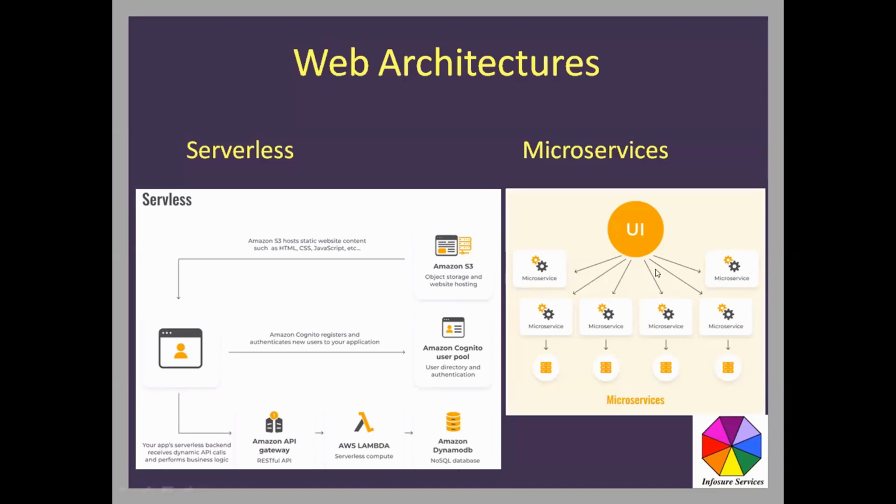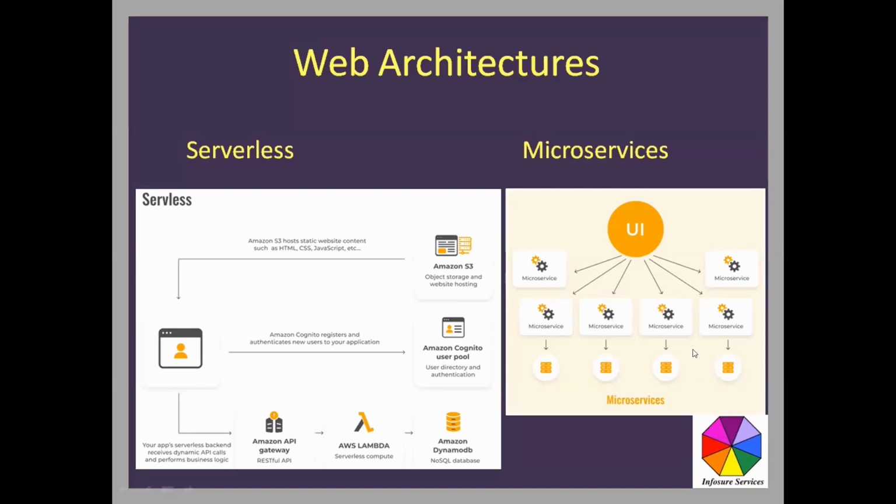Now, this is microservices. Microservices is like a single user interface connected to various services. For example, one could be a printing service, another could be an address directory service, a third one could be doing some other service, and so on.